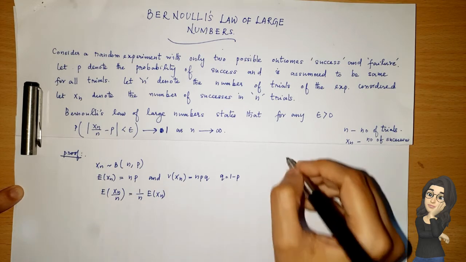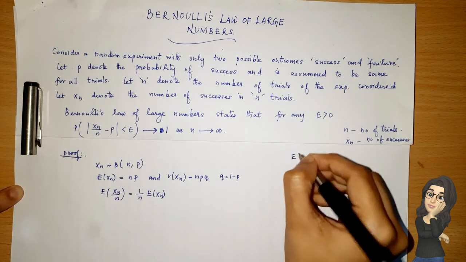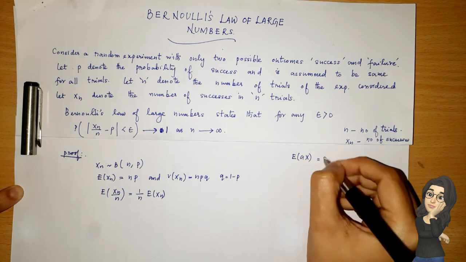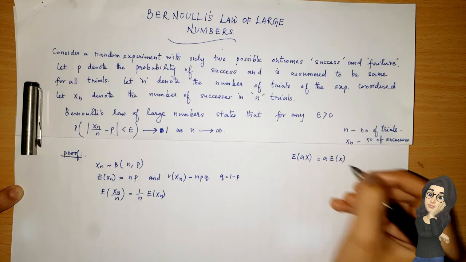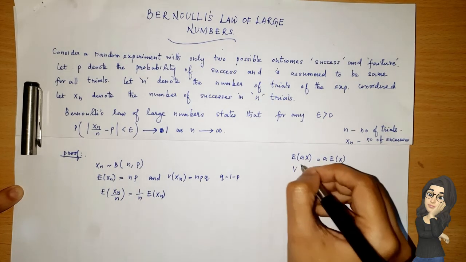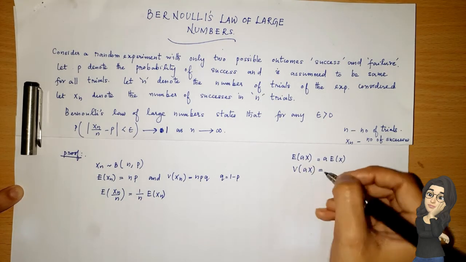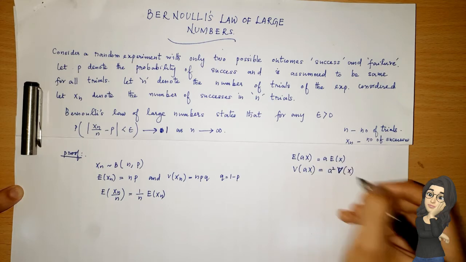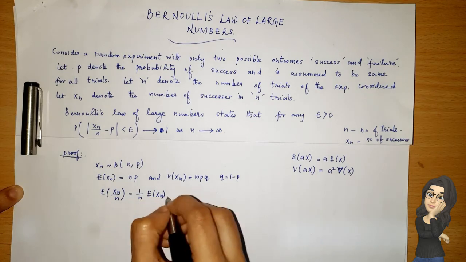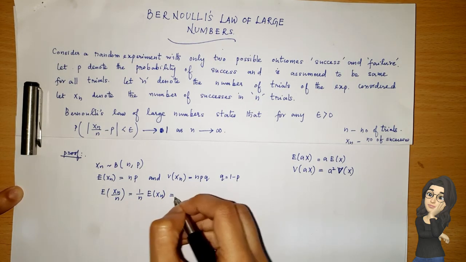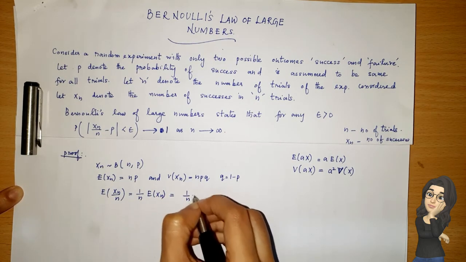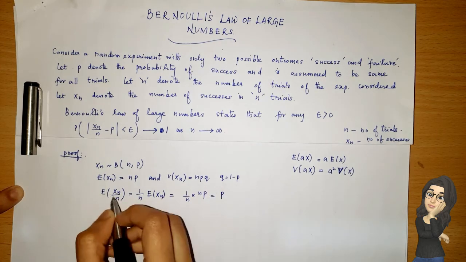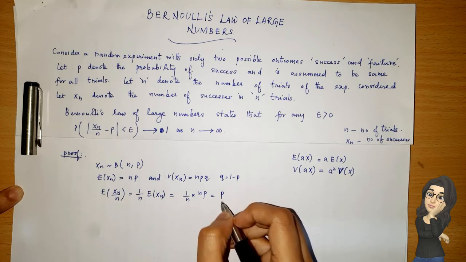That we know because the expectation of aX, where X is a random variable and a is a constant, is a times the expectation of X. Also we know that the variance of aX is equal to a squared times the variance of X. So this is equal to 1/n times the expectation of Xn, so 1/n into np, which is equal to p. So the expectation of Xn/n is p.